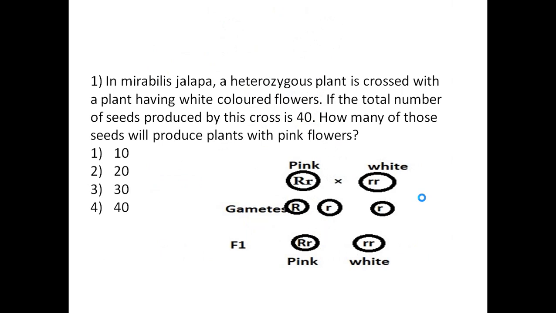Now let's solve some questions related to incomplete dominance. In Mirabilis jalapa, a heterozygous plant is crossed with a plant having white colored flowers. If the total number of seeds produced by this cross is 40, how many of those seeds will produce plants with pink flowers?